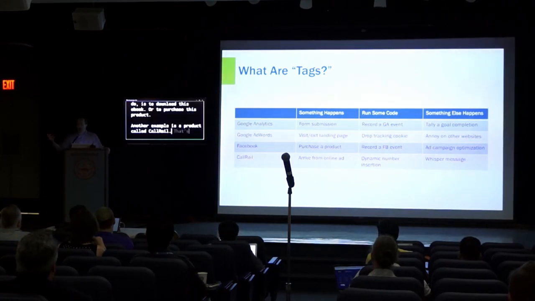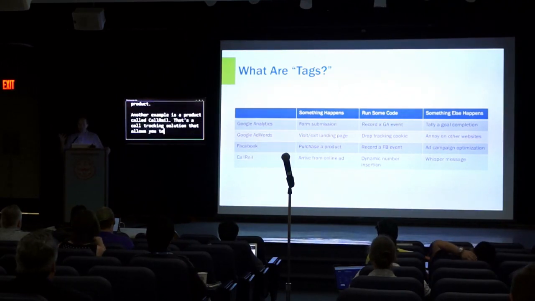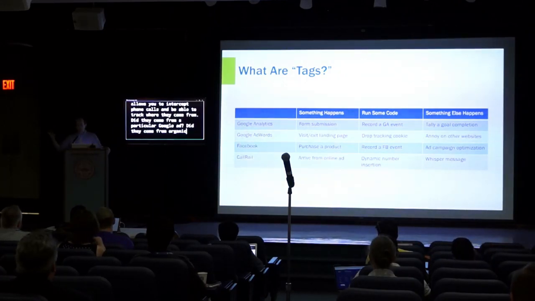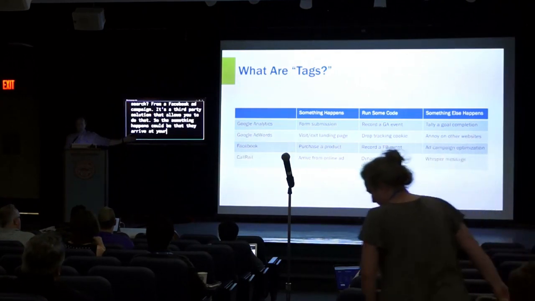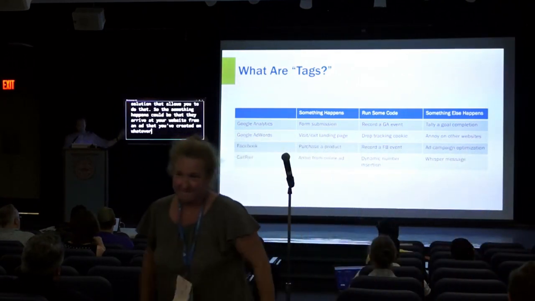Another example is a product called CallRail. That's a call tracking solution that allows you to intercept phone calls and track where they came from. Did they come from a particular Google ad? Did they come from organic search? From a Facebook ad campaign? It's a third-party solution that allows you to do that. So that something happens could be that they arrive at your website from an ad that you've created on whatever channel it is.